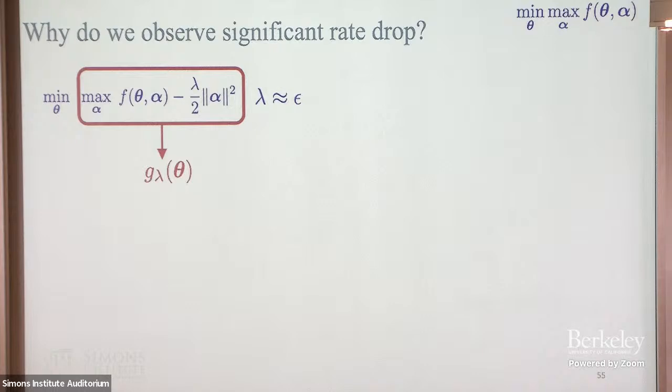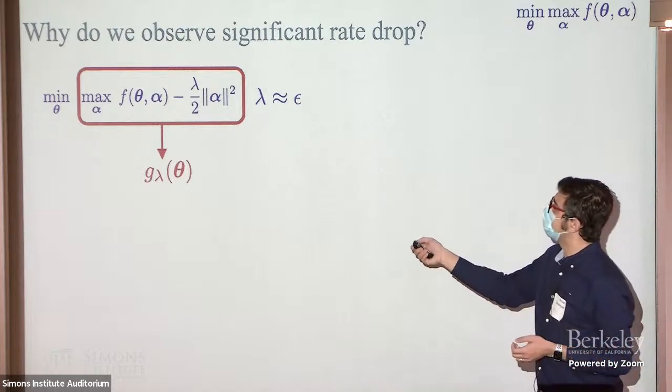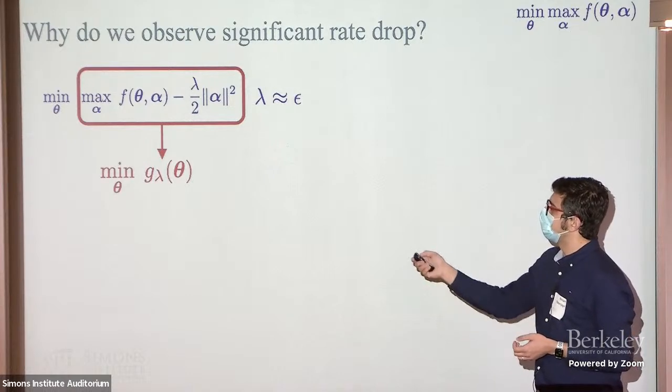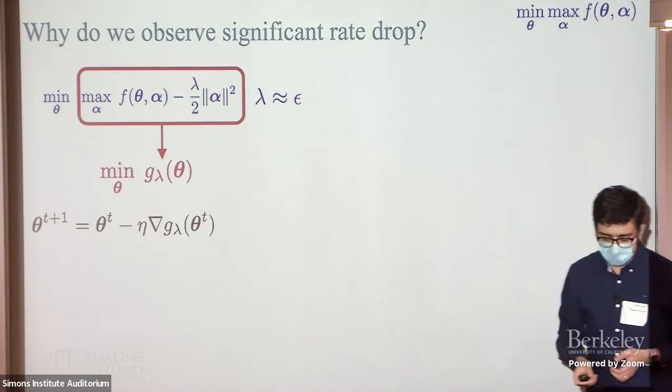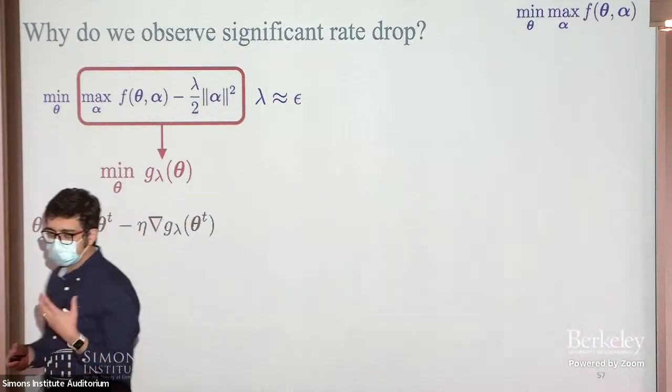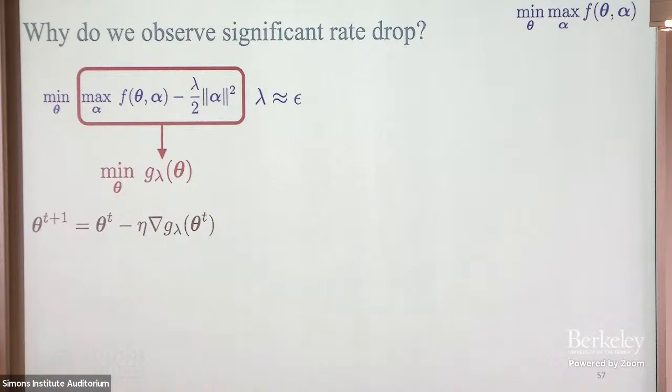And so when you choose lambda to be of order epsilon, and you minimize this g of lambda, which is this max, what we know is that the step size that we choose should be inversely proportional to the Lipschitz constant. So we also learned from the other talks that the step size you have is of order 1 over L.